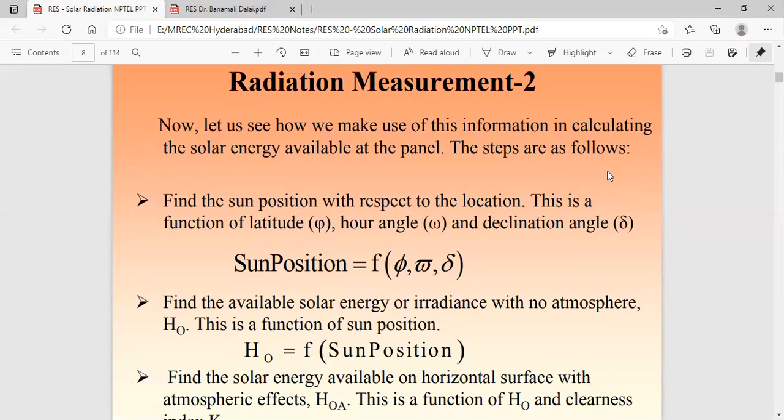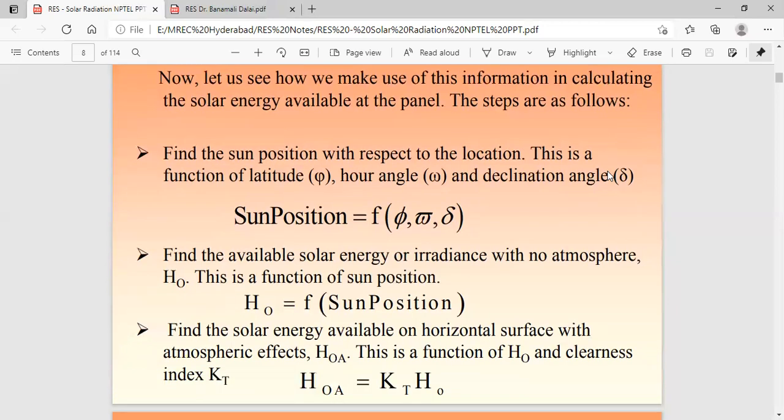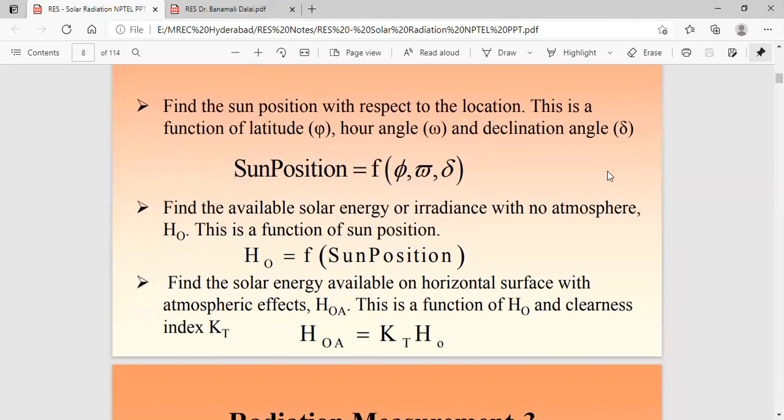Sun position is equal to f of phi, omega, delta. Next, find the available solar energy or irradiance with no atmosphere, H naught. This is a function of sun position. Here H naught is equal to f of sun position.